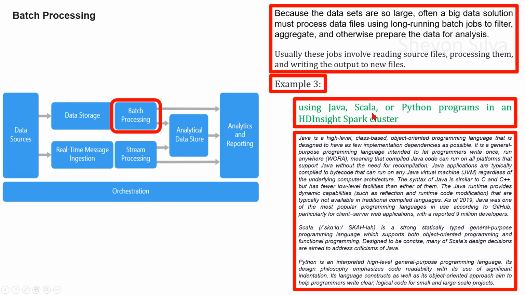Scala is a strong statically typed general-purpose programming language which supports both object-oriented programming and functional programming. Designed to be concise, many of Scala's design decisions are aimed to address criticism of Java.